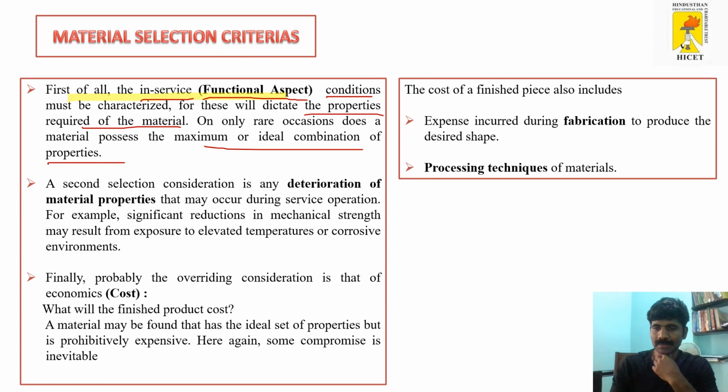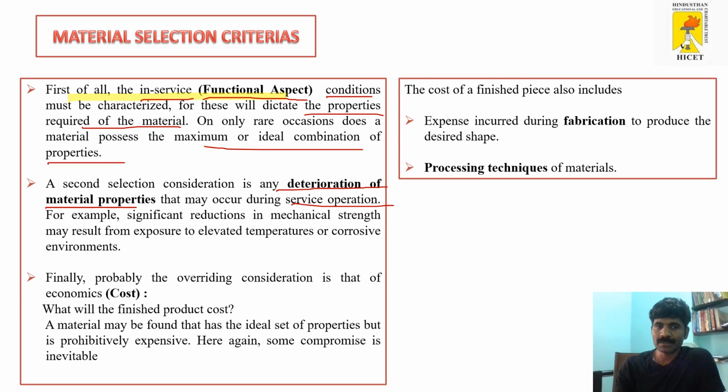The second criterion under which a material can be selected is the deterioration of the material properties. It means that during service operation, a material can deteriorate in its properties as time goes on.